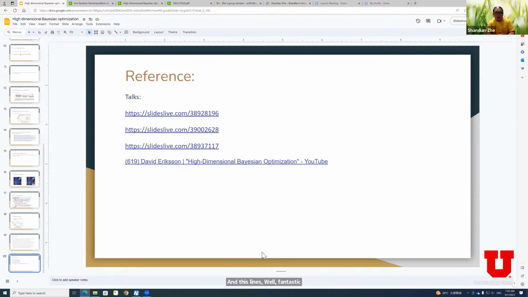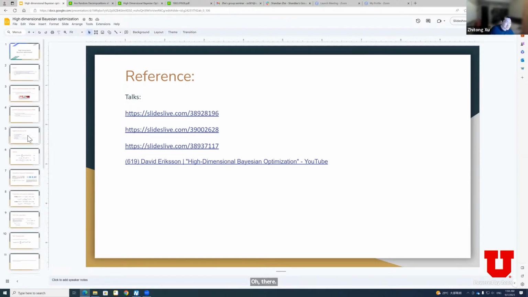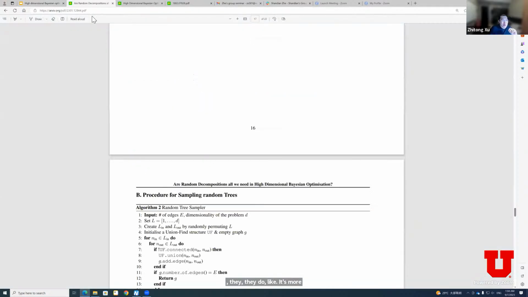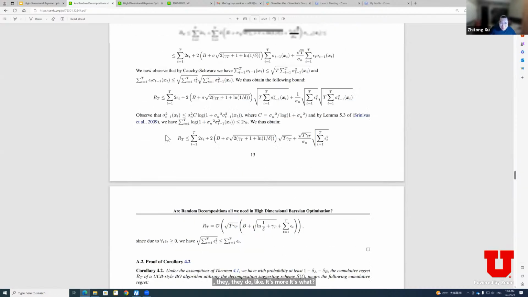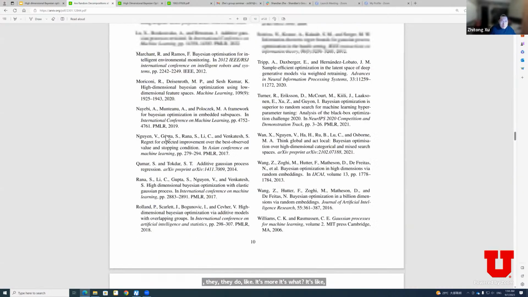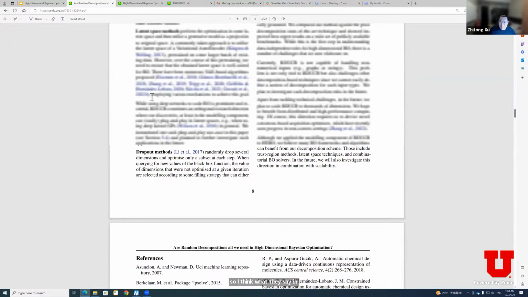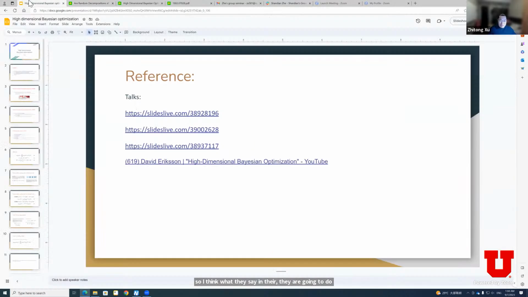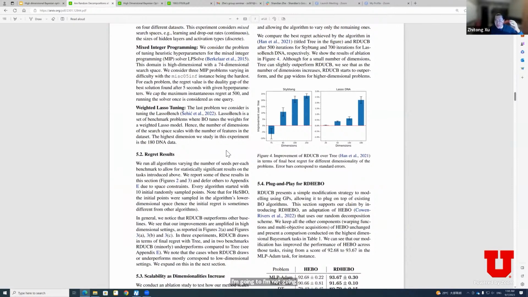If I were the author of the random projection, I would ask: do they provide any theoretical analysis? Their theoretical analysis is more drama. I think what they say in their theoretical analysis is that we are going to do random search, and we are going to limit our search to only certain structures.